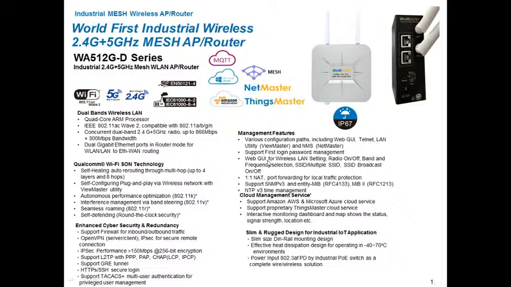It supports 2.4G plus 5G Wi-Fi, 802.11 AC Wave 2 up to 866 Mbps, compatible with ABGN. It supports the Wi-Fi sound mesh. It's today's major topic, and we will talk more details later.